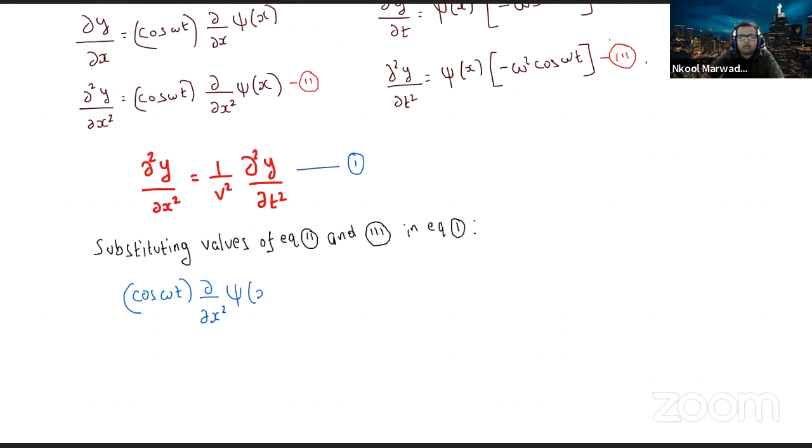It will be equal to 1 by v square and d2y by dt square, that I can write as, minus of, or let me write that way only, psi x I have into minus of omega square cos omega t.